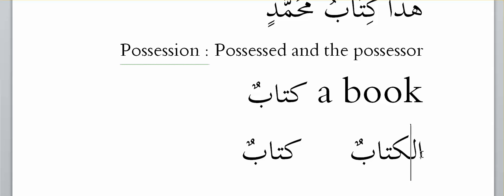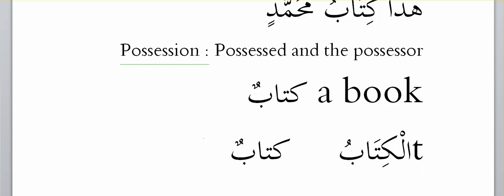Look what you do. You drop the tanween. You put a single dhamma. Al-kitabu. Because when it's definite, it cannot have tanween. Tanween means it's indefinite. Isn't that so? Tanween means a book. Al-kitabu means, what does that mean? The book.